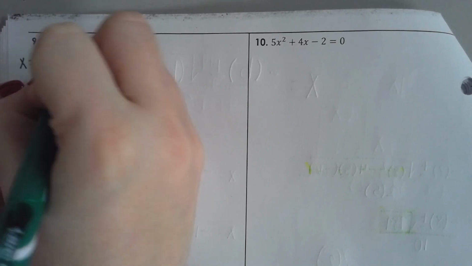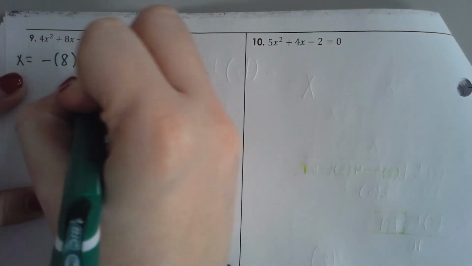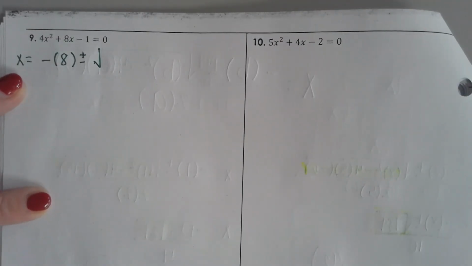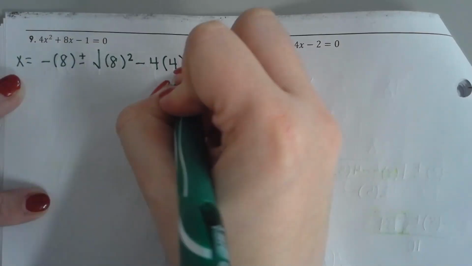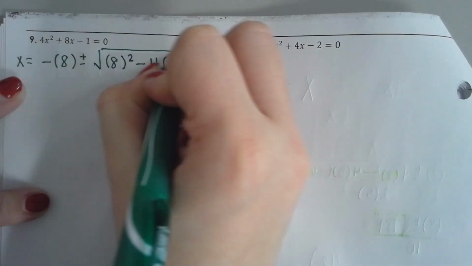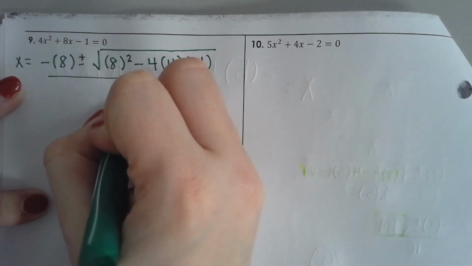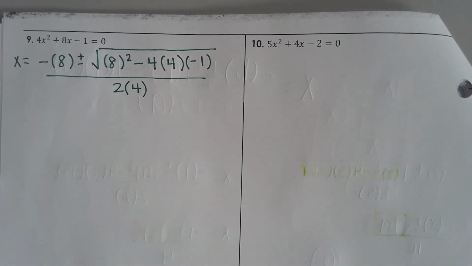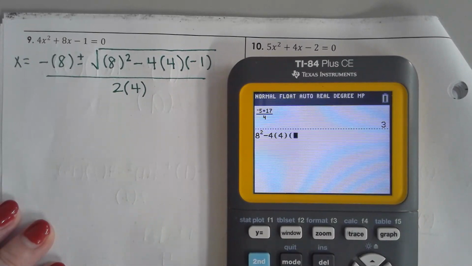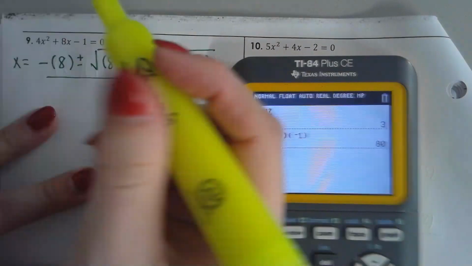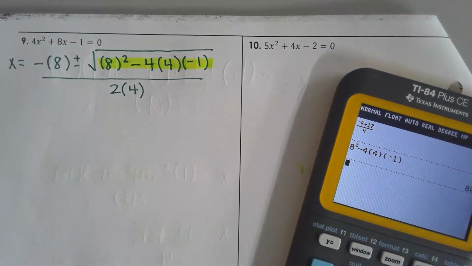Negative b plus or minus the square root of b squared minus 4ac, all over 2a. Here a is 4, c is negative 1, so 2a is 2 times 4. And when I type in the discriminant part, I get 80.